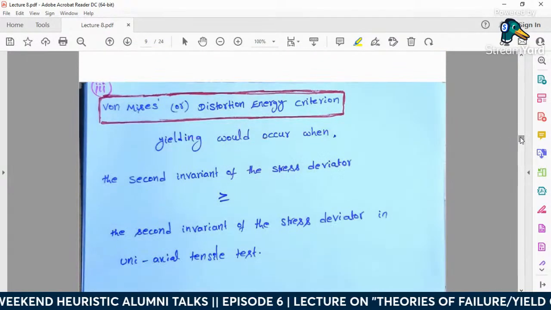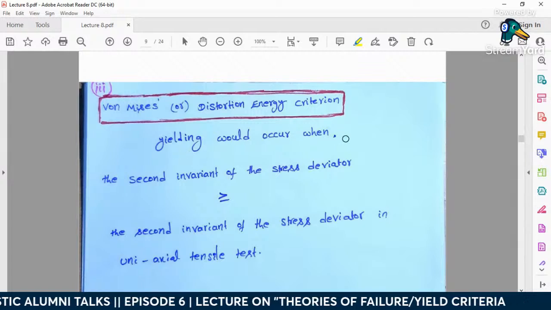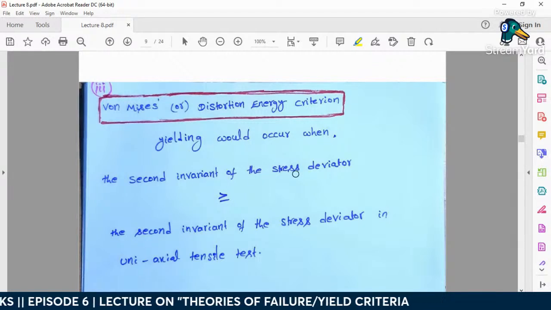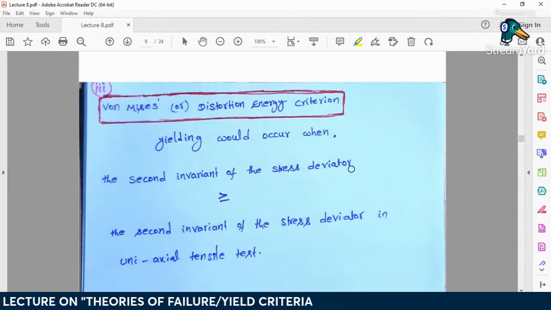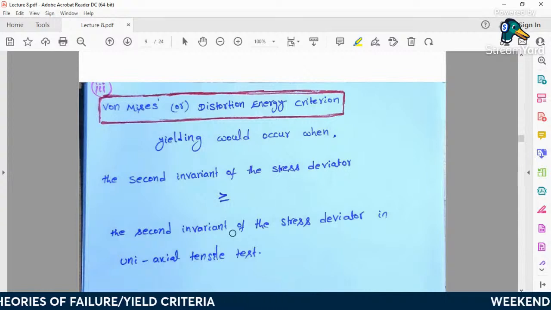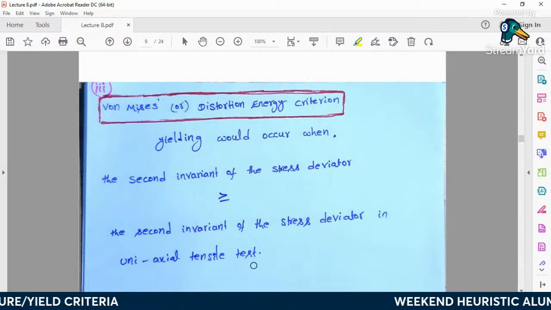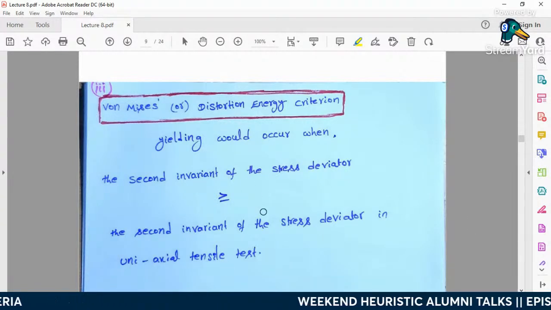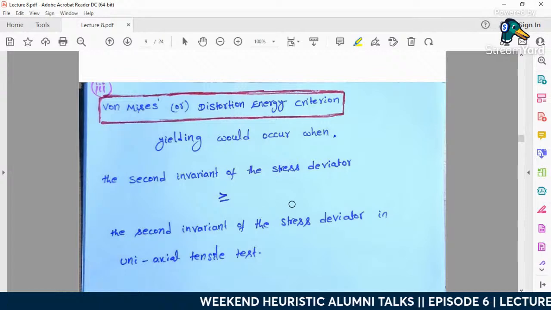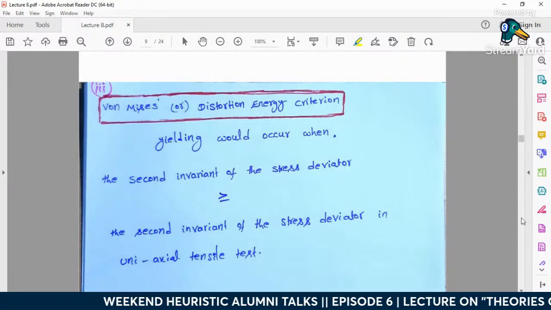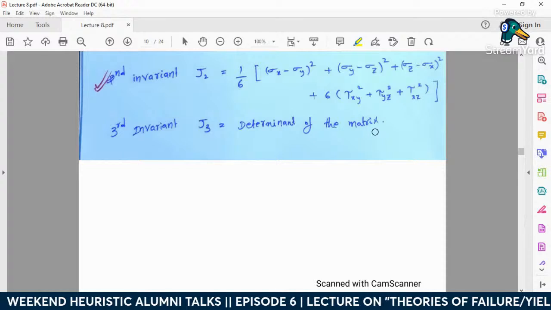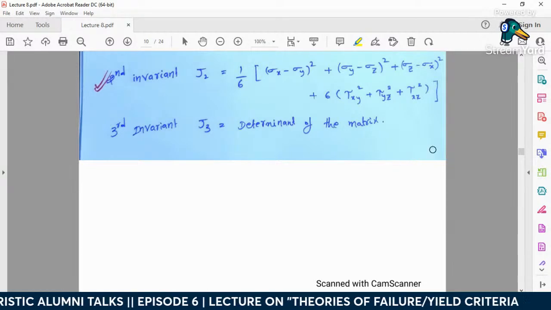If you look at the definition, yielding will occur when the second invariant of the stress deviator in your application exceeds the second invariant of the stress deviator in the uniaxial tensile test. That is the definition he has given. But the problem is he could not explain the physical meaning of this. He just gave some mathematical equations, that's it.